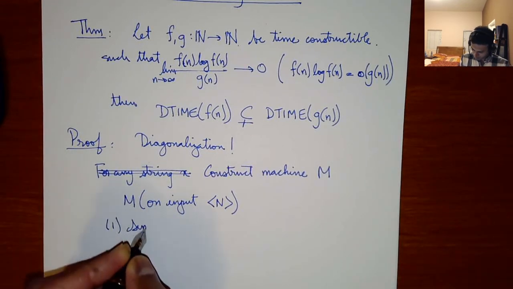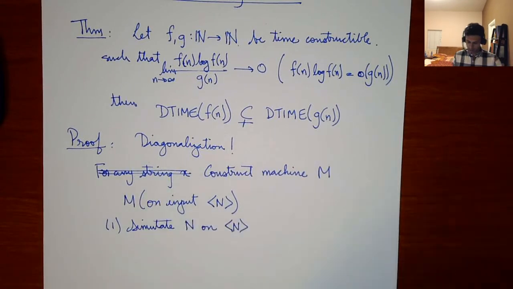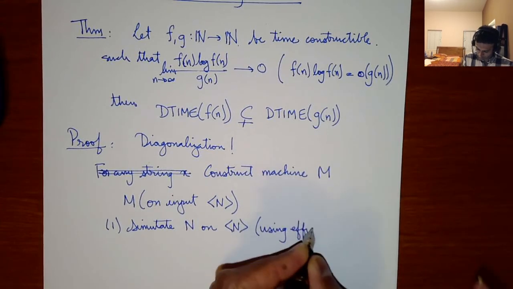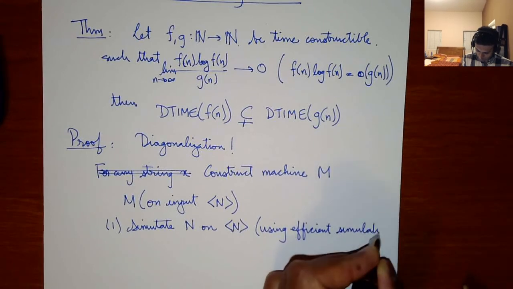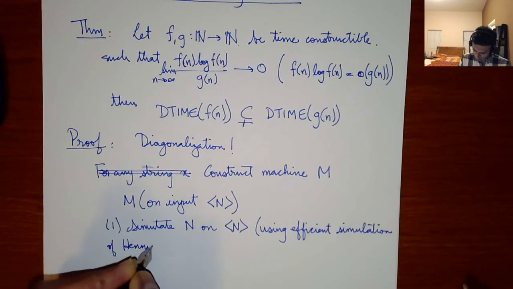It is going to simulate n on this using, let's say, the efficient simulation of Hennie and Stearns.